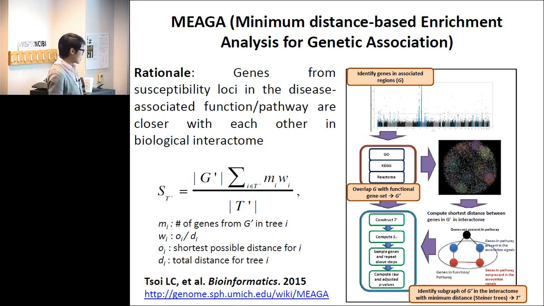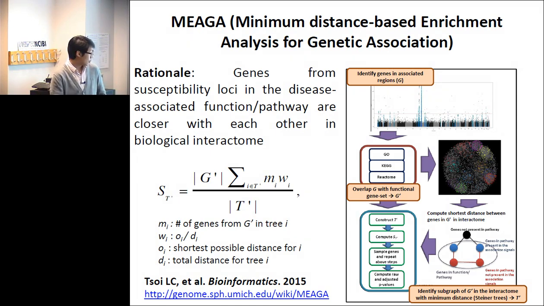S actually has three different components. First is, of course, the number of genes in G prime. If you have a large number of gene set overlapping genes from the associated loci, you believe that the function may be disease associated. We also include the number of trees in T prime. If all these overlapping genes are connected, there's only one tree, but if they are all separate, then you have a lot of trees, so we downweight the statistic.